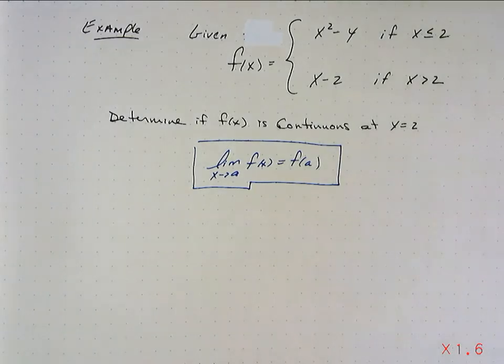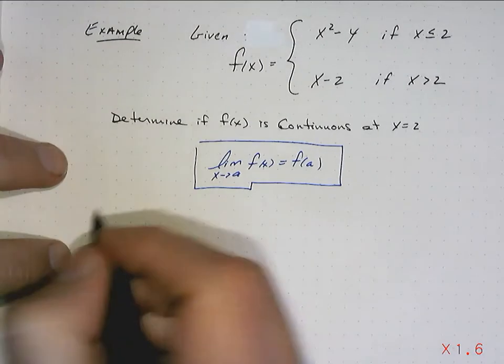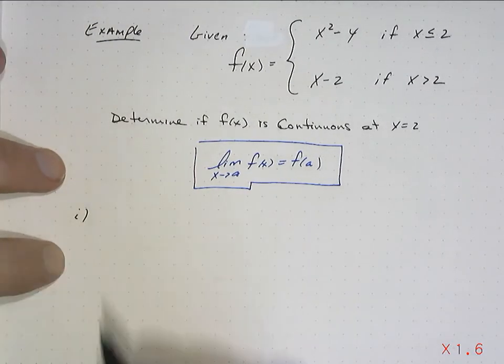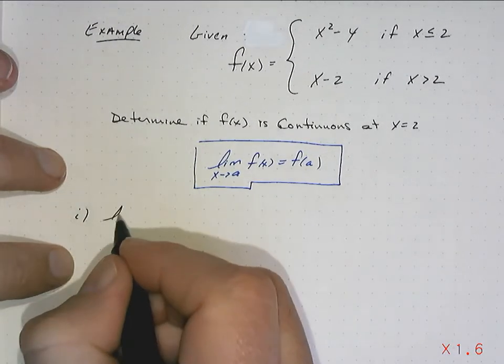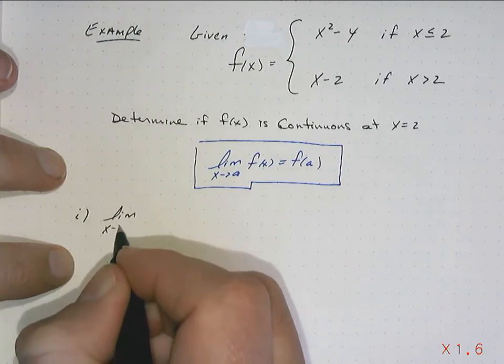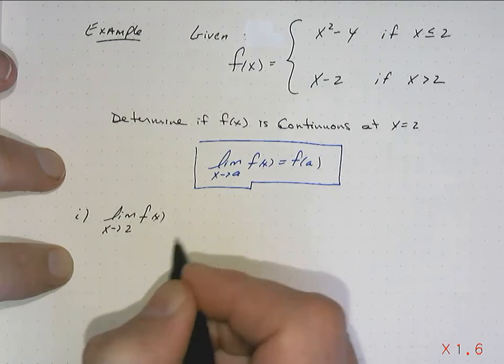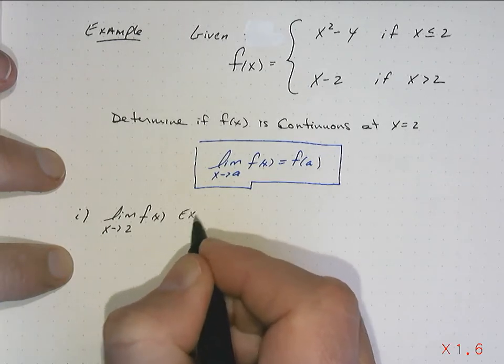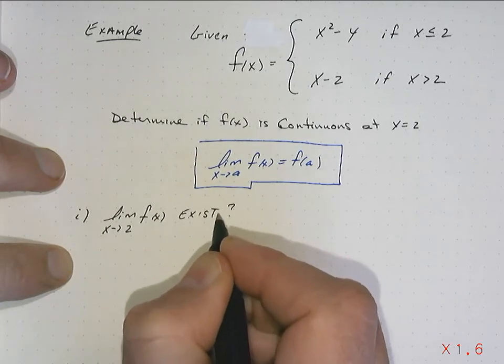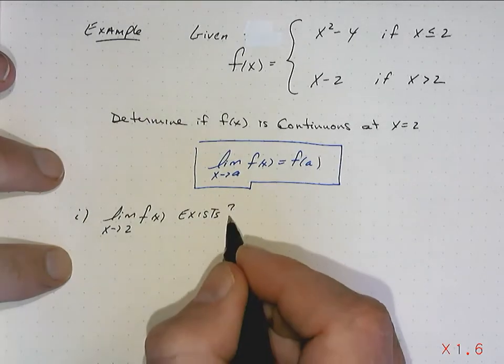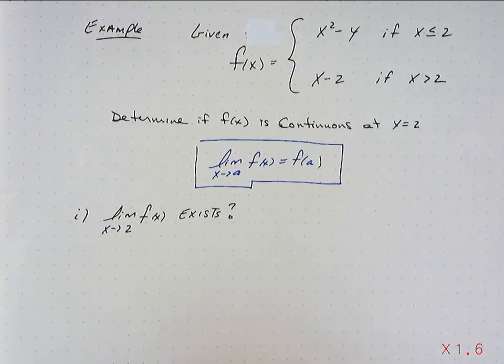So the first thing I'm going to work on is my first condition. There's 3 conditions here. Condition I is I'm going to be looking to see if the limit as x approaches 2 of f of x exists. And I put a question mark because I'm not sure if it exists right now.